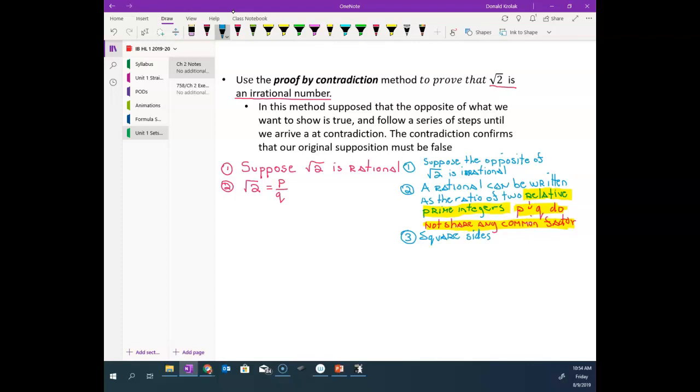So we get 2 equals P squared divided by Q squared. When I wrote non-reducible, that's relatively prime. That means the same thing.